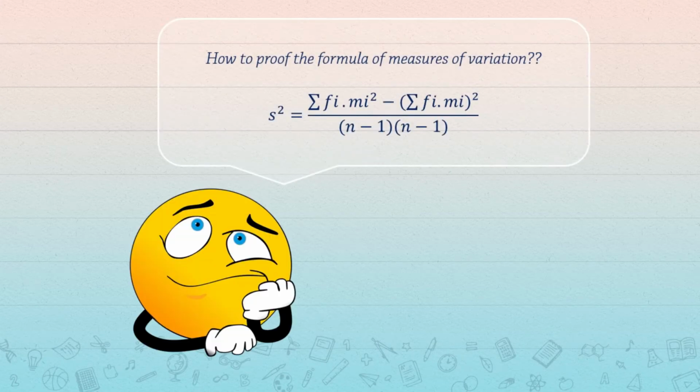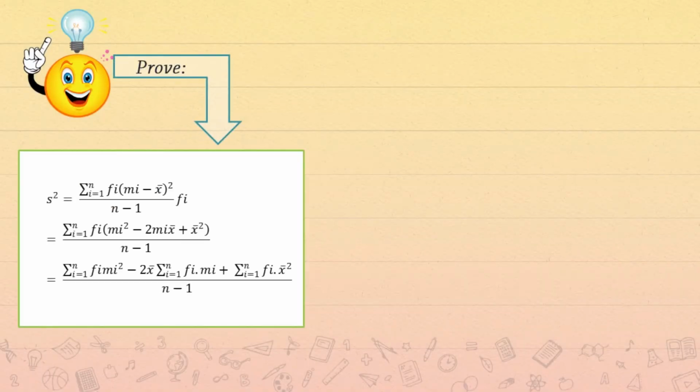Okay, this is how to prove the formula of sample variance for different class intervals. First step, you can write it as sigma frequency multiplied by the median minus the mean, in square brackets, divided by the sample size minus 1.